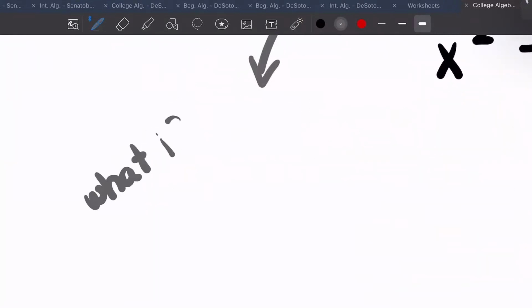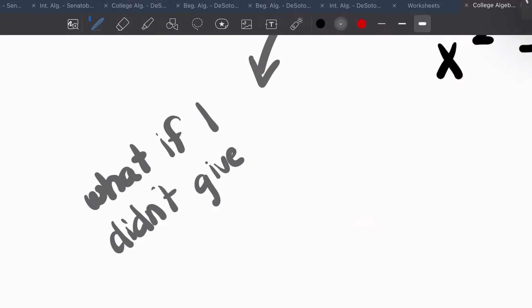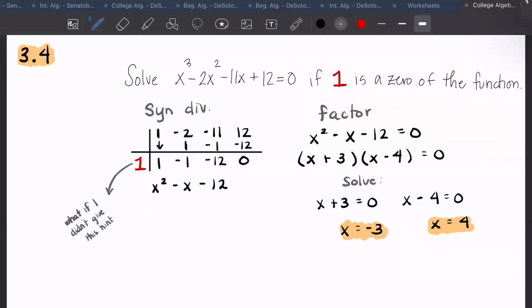What if I didn't give this hint? Because that's how you knew where to even start, is because I gave you that 0 of the function. You knew that you were going to use that as your C and do synthetic division, factor, and solve.